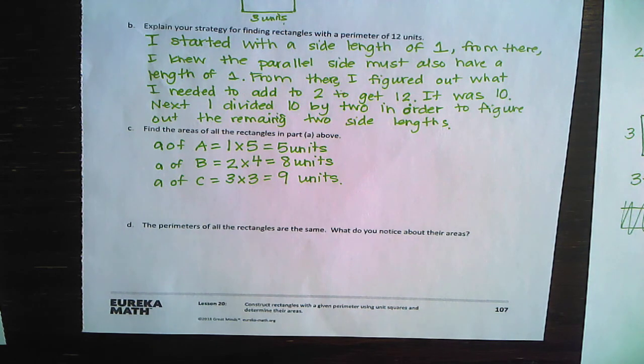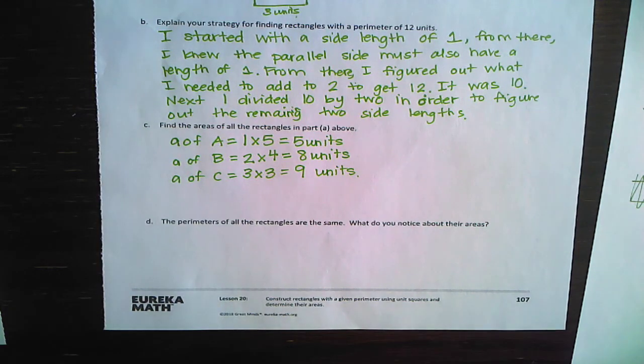That's very interesting. So I'm going to say something very similar to what we said yesterday when we were talking about the relationship in perimeters, except having to do with area.